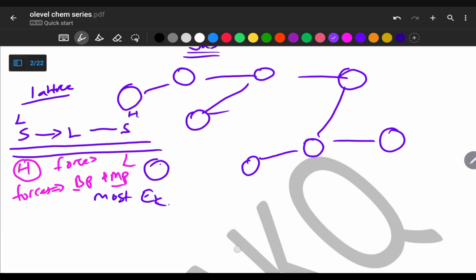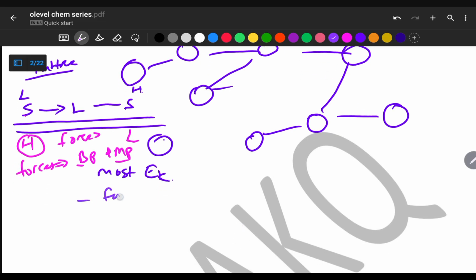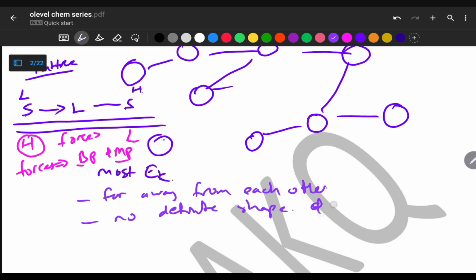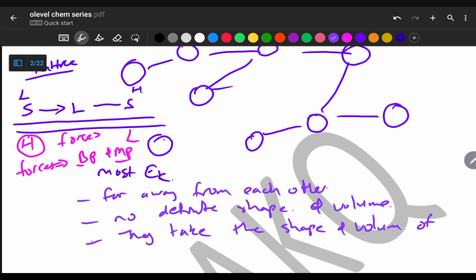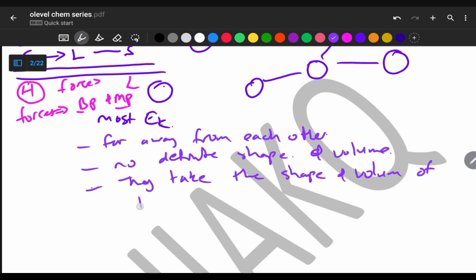And we go on to say the particles are far apart from each other, and no definite shape and volume, and they take the shape and the volume of the container.